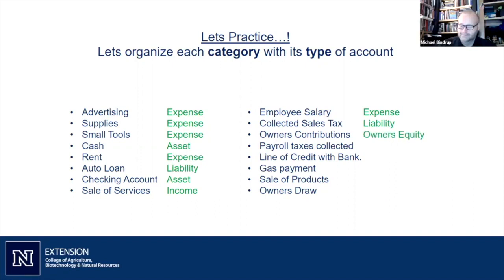Yes. Payroll taxes collected. Just to be more specific, if you're an employee and you make $100, I have to withhold taxes from you. So your net check is only $90. The IRS says that I have to take $10 from you.